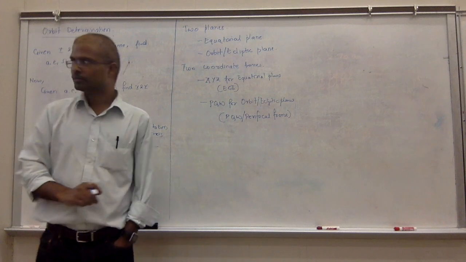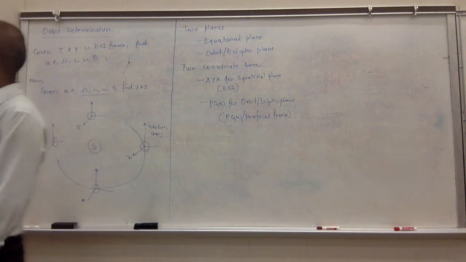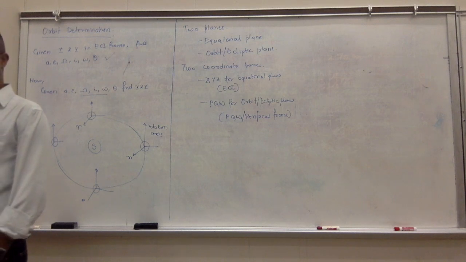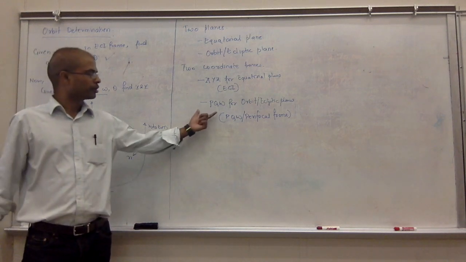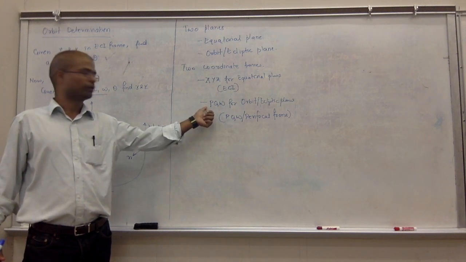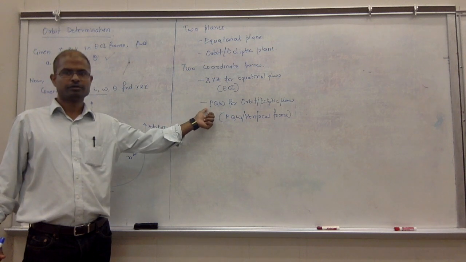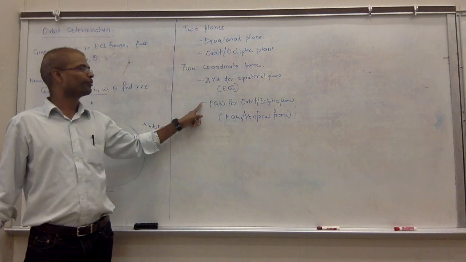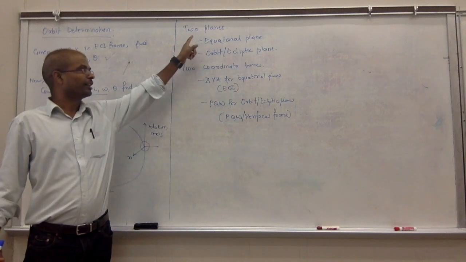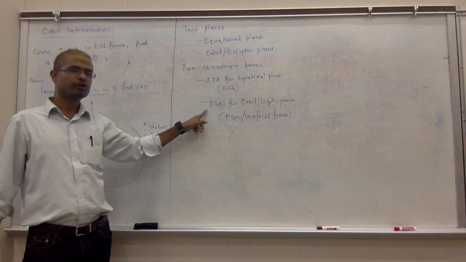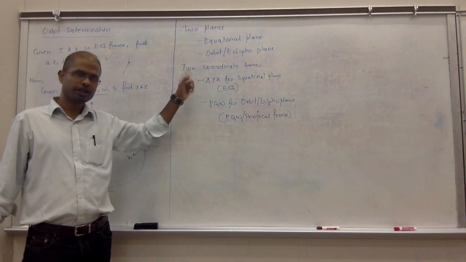Now PQW, how do you define PQW? It is again very simple. You define the P direction. What is the plane for this? Yes, look here. Two planes, two frames. Correlate. Equatorial plane, ECI frame. Orbital plane, PQW frame. Can you correlate?